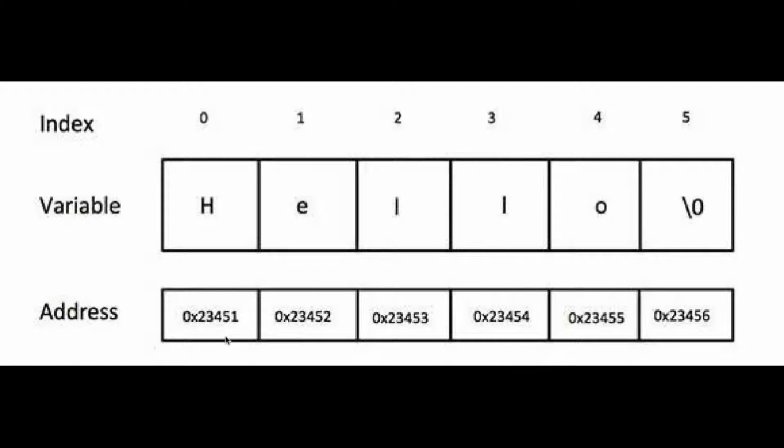You have under here an address in memory, let's say RAM, in your random access memory, where you've got your registers, and each address location is assigned a number of bytes. Now, in this particular address, we've assigned the letter H, and in this particular address we've assigned the letter E.